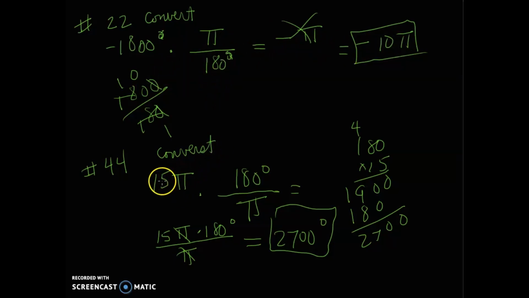This 15 pi, if one time around is 2 pi, then this is like 7.5 times around. So what's 7.5 of 360? And maybe that should give you the same number here, because 15 times 180. Anyway, sometimes just looking at it doesn't make sense. 15 pi is pretty big.